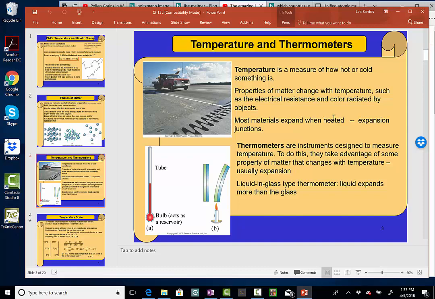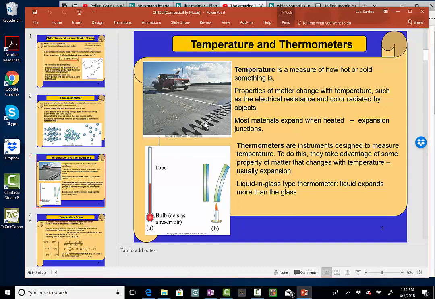Some consequences of that, well, you see in this drawing of a road, you must have noticed that when you get to a bridge, there is always a bump. Why? Because where the bridge links with the rest of the road, usually there is some spacing, as you see here. And why is this spacing there? Because the bridge may expand more than the road.